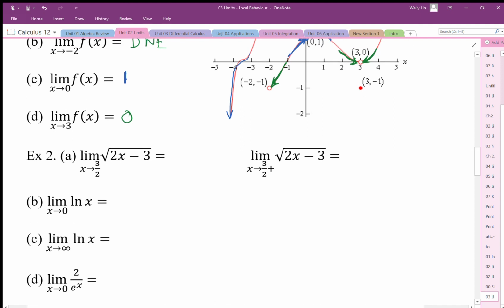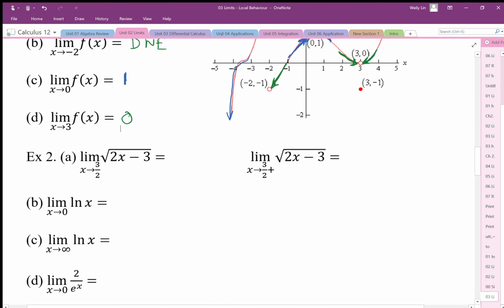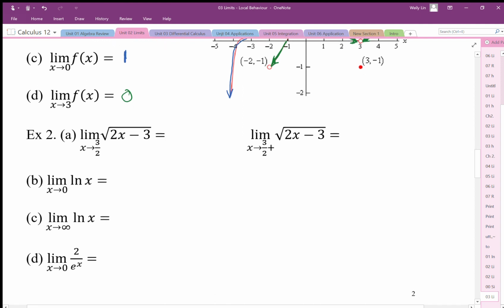So looking at these algebraic limits, how do we deal with these? If I talk about the limit going to this square root function, 3 over 2 is going to give me 0. The problem is, this implies that I'm approaching that coordinate from both sides.